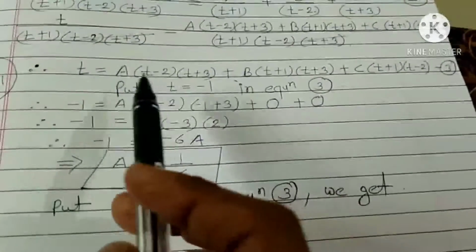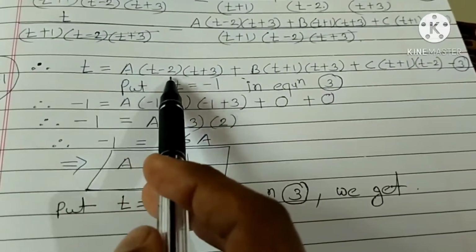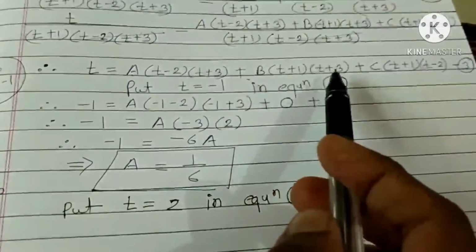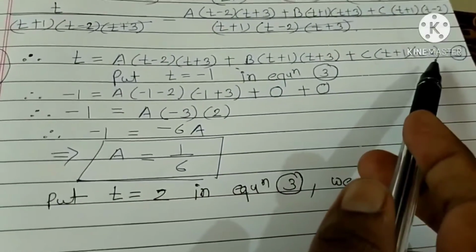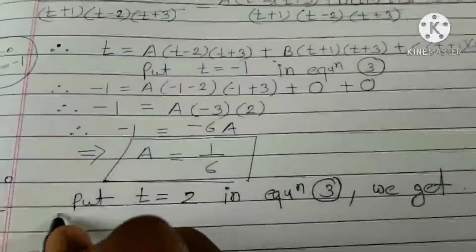So when we put t is equal to 2 in this equation, here plus 2 minus 2 get cancelled, so the term is 0. Here minus 2 plus 2 cancel, so c will also become 0. So we get only b.